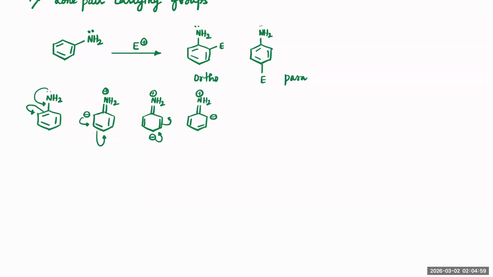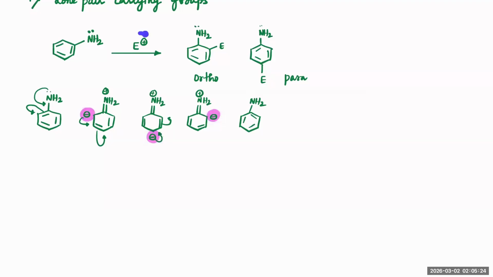Finally that negative charge will go here and you will get NH2 back. So what we understood is that the electrophile, if at all it approaches, could approach at these three positions. Now you can see this is ortho position, and this is para position.